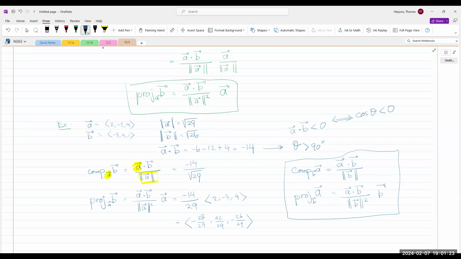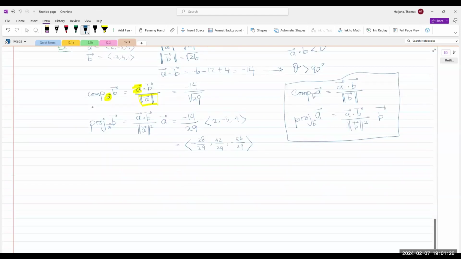Now, your suggested homework for this 12.3 will be, where's my note? I had my note earlier here. This is a lot though, but please do.